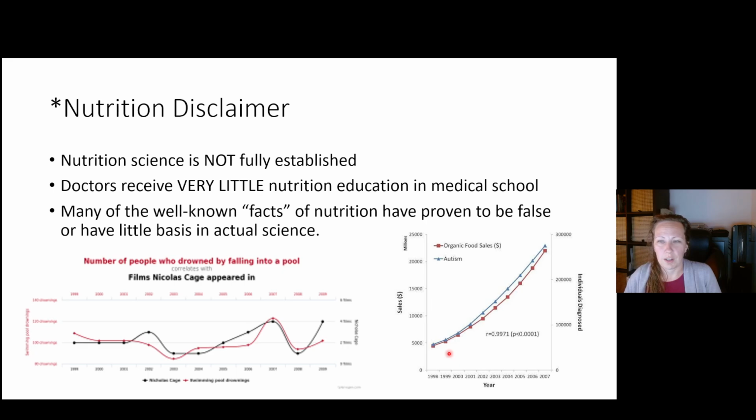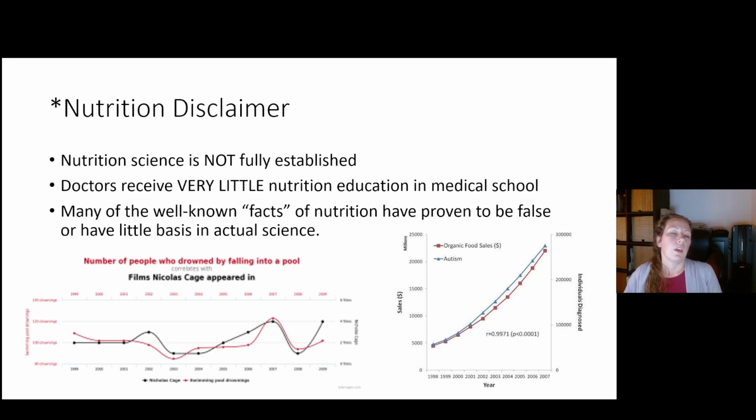Do we really think organic food sales are causing autism? No. So you have to be very careful when studies tell you something is correlated with something else.